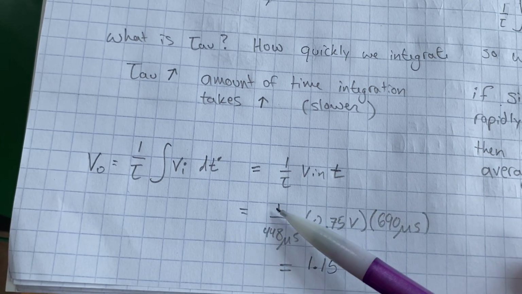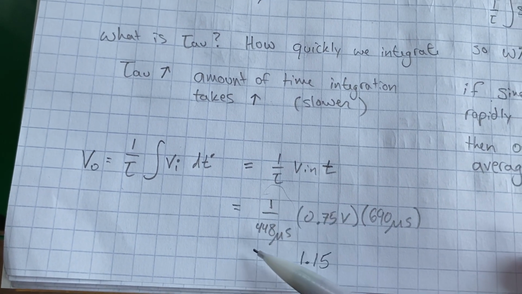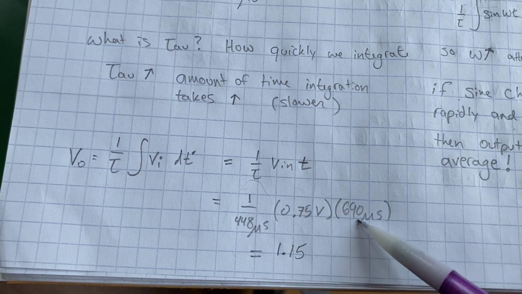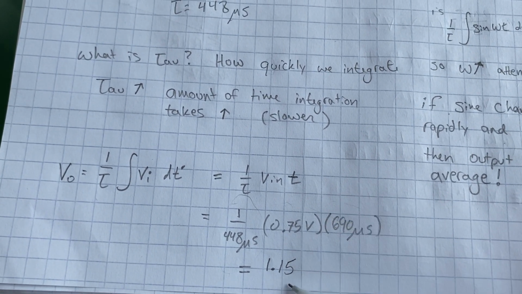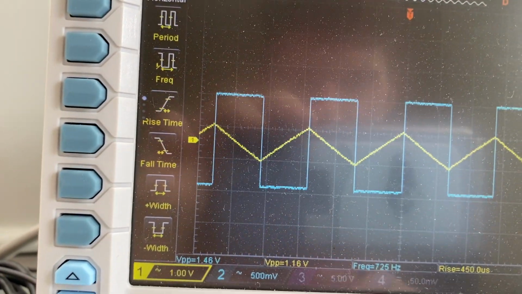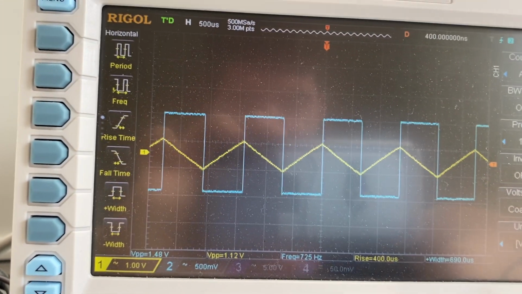So if I actually plug that in, here's the tau I have, here's the input signal, and here's the width of half a period, and we should see about 1.15 volts on the rise, and that is what we see here in the yellow.